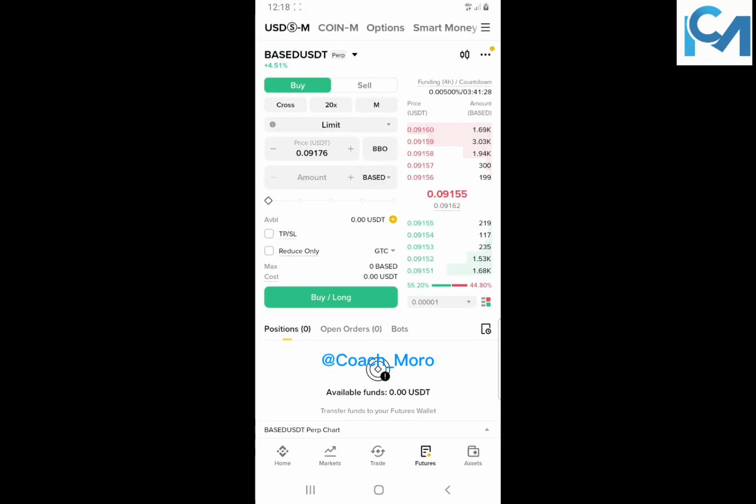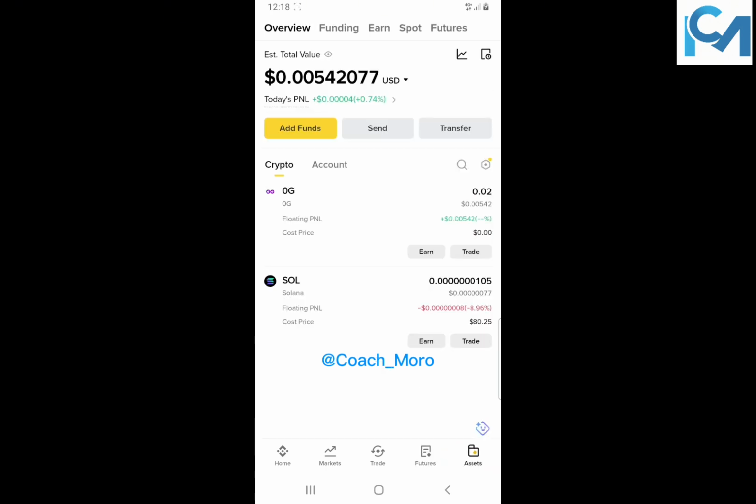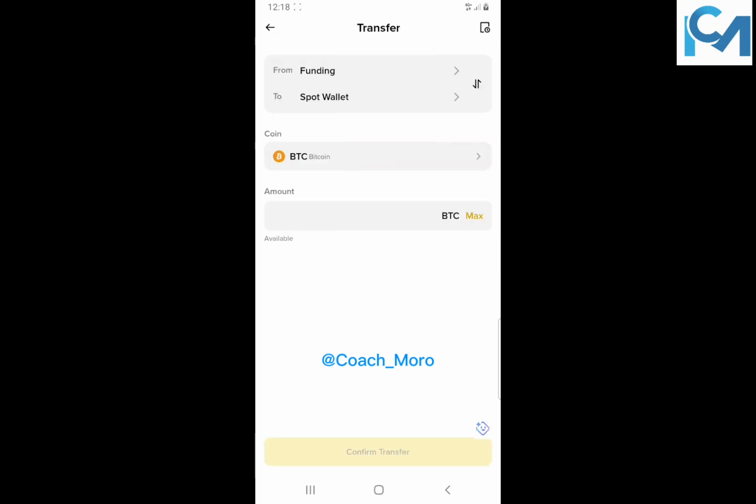So after practicing with the demo account, you now tend to trade with a real account, with real money. With that, you will click on the asset, then click on transfer. You see where before the funding there is from.